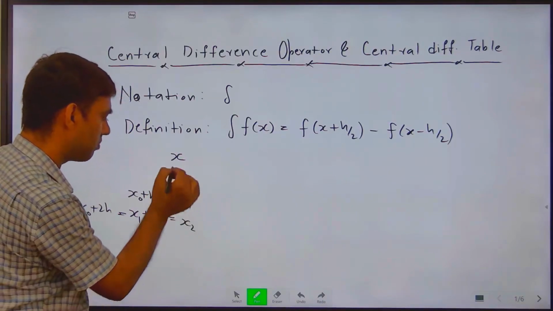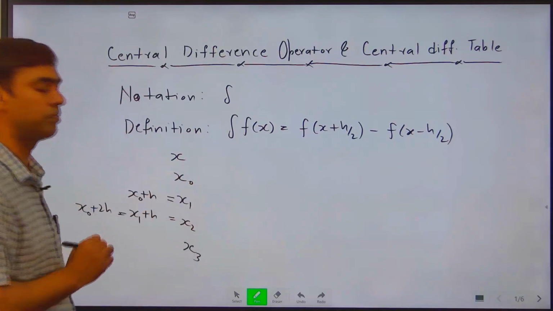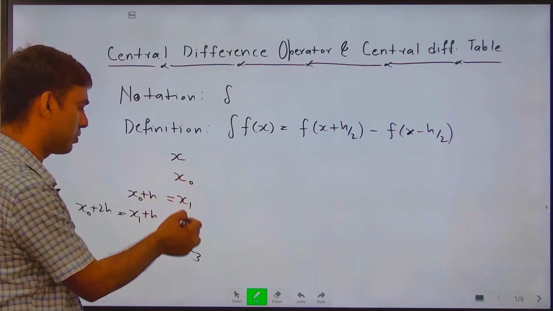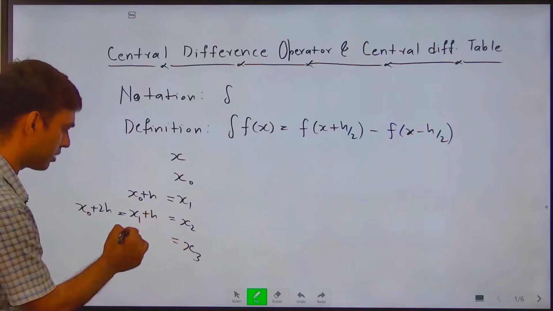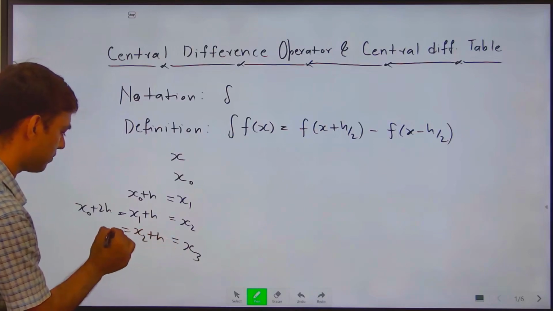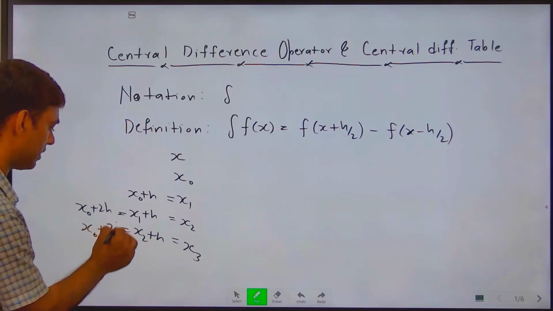In a similar manner, for the sake of simplicity, suppose we consider only 4 data, x0, x1, x2, x3, and x3 may be written in terms of x2 as x2 plus h, and in terms of x0 as x0 plus 3h.